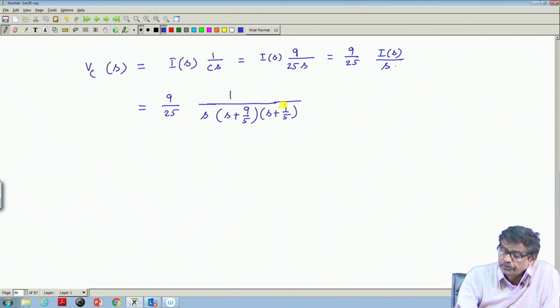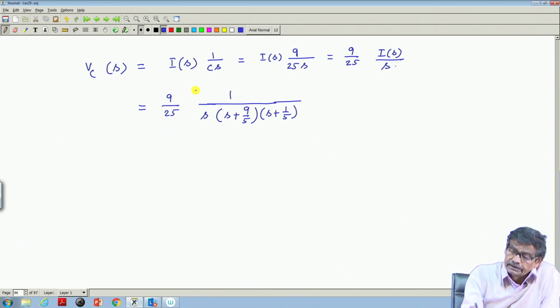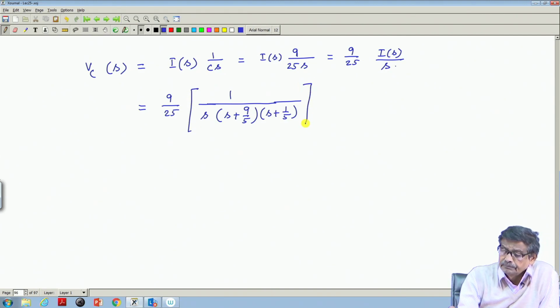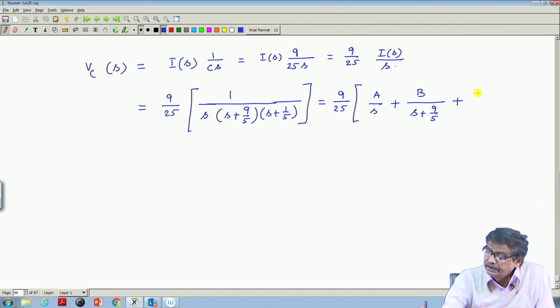Here also I have to expand it into partial fractions. So, I will write this quantity as 9 by 25, let it be this side, and here it will be A by S plus B by S plus 9 by 5 plus, C I will not write because you may get confused with this C, say D by S plus 1 by 5.